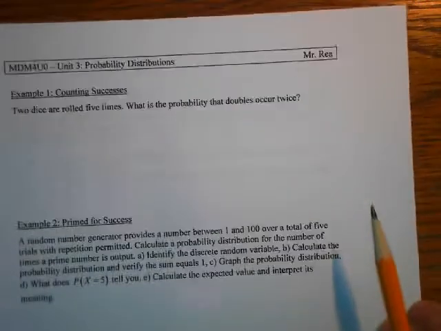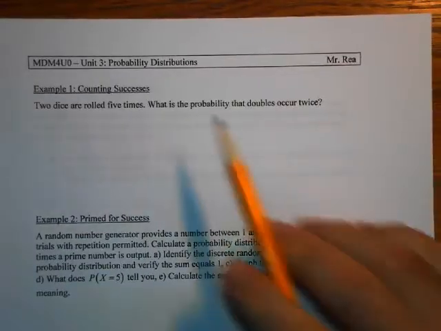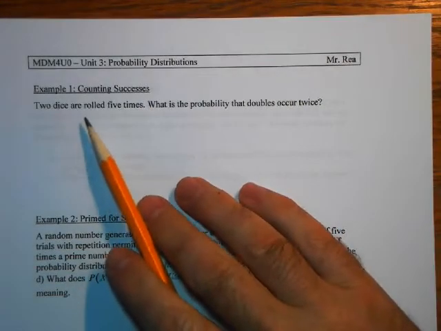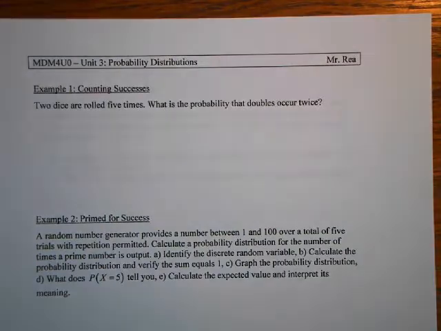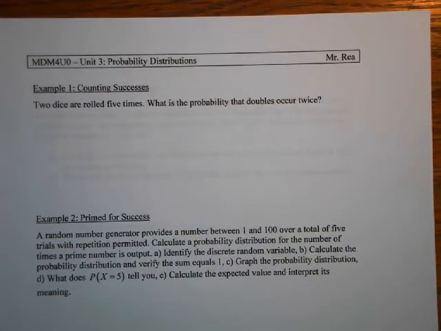Okay, so the first example, counting success. Again, we're back to the 2 dice. We're going to roll the pair of dice 5 times, and we want to know the probability that we get doubles exactly twice out of the 5 times.